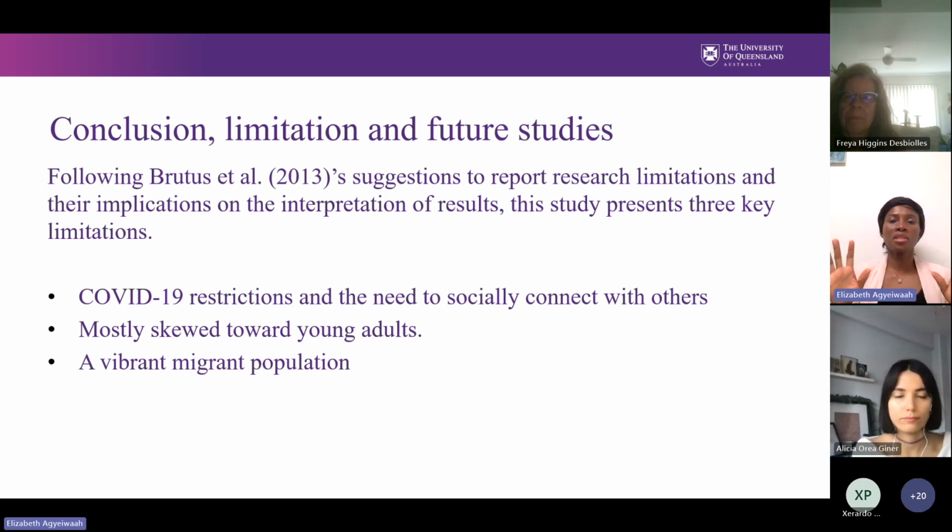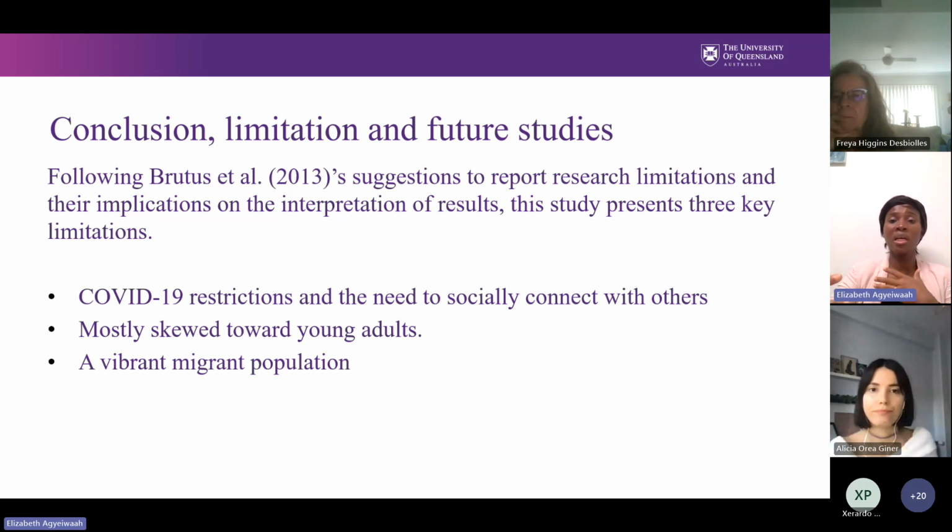Because that was not the focus of our study, we didn't really ask whether different migrant groups had different perceptions. And here I mean migrant residents had different perceptions of the event, depending on how long they've stayed within the city. We didn't ask that, but it's something worth exploring in future studies.